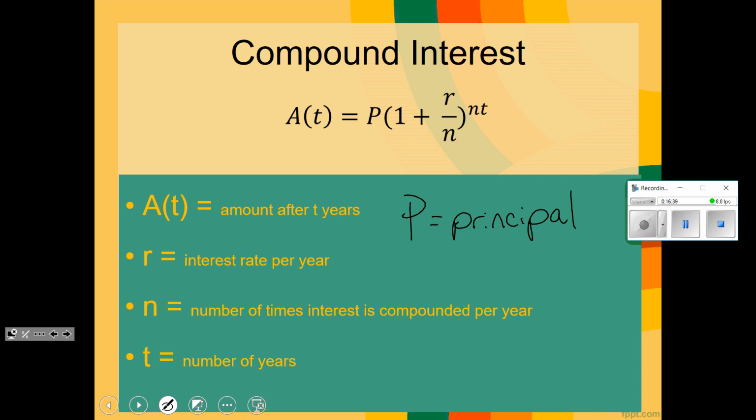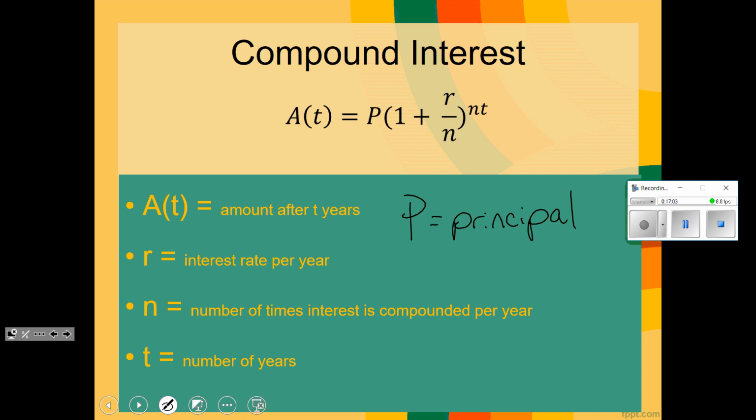So tomorrow we're going to talk about when you compound it annually. It means it got refigured each year, okay? What if I compound it twice a year? Meaning after 6 months, we see how much money you made, and then we base it off that amount of money. Does that make sense?